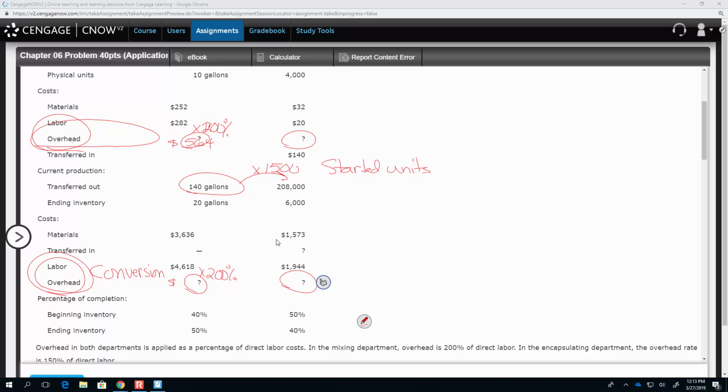Well, I'm not going to have a column for labor and overhead. I'm going to have a column called conversion. I just add those two together, right? So 564 plus 282, that's my conversion amount. What is the applied rate for the encapsulating department? 150%.